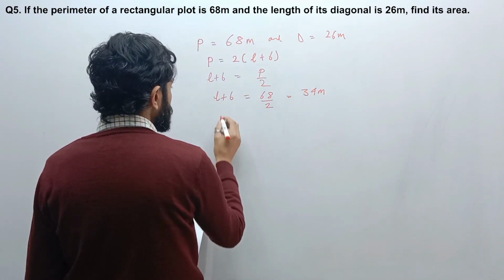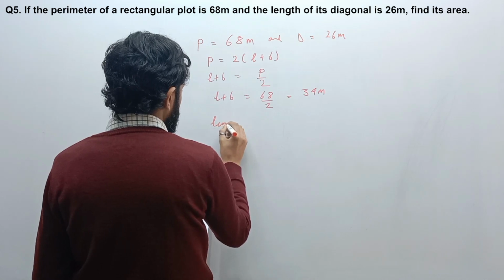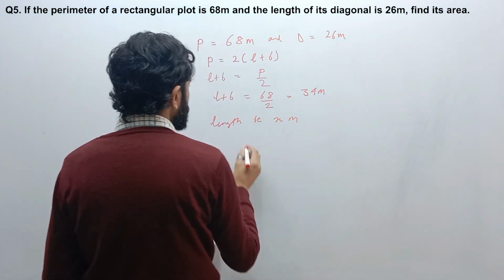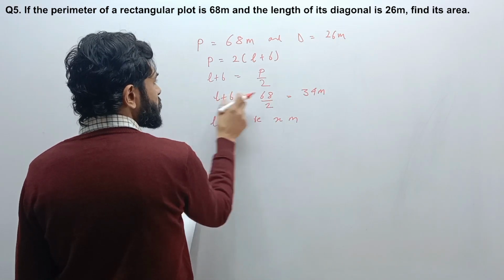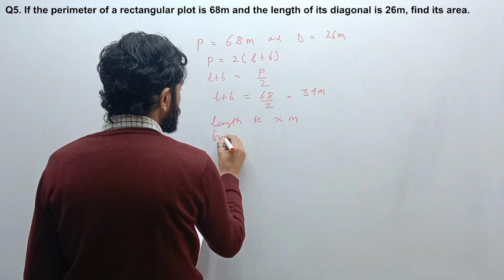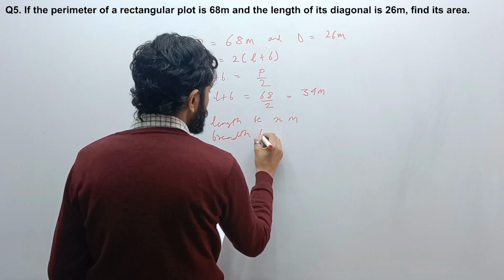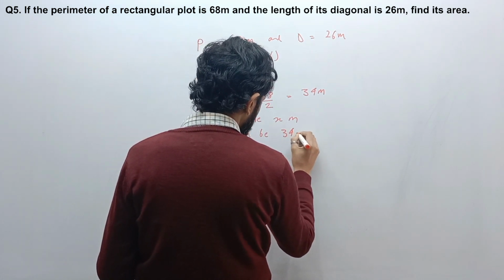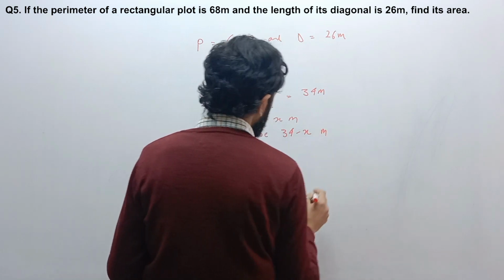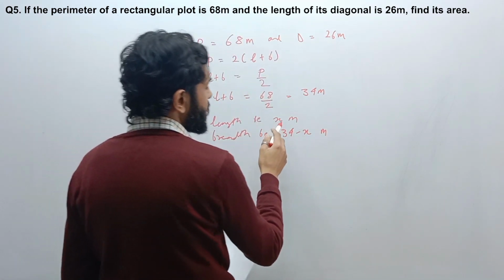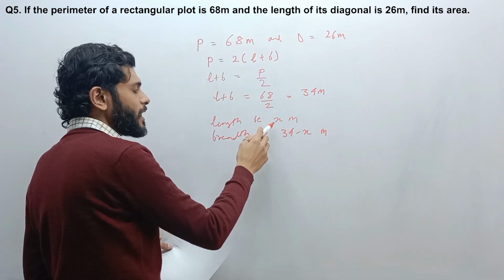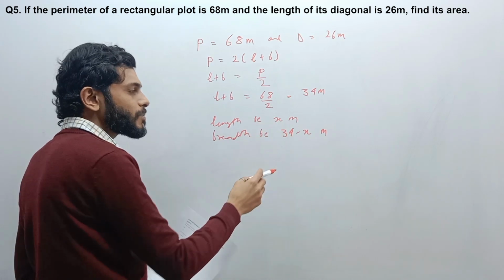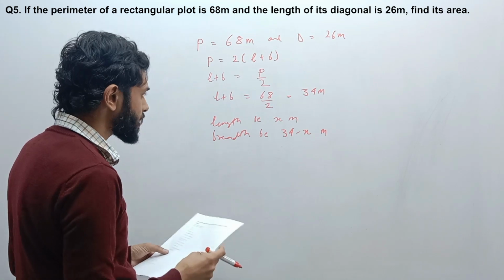Now let us suppose the length be x meter and similarly the length plus breadth is 34 meter, so the breadth would be 34 minus x meter. So again I have not taken x and y, but I only have taken x and everything in terms of x, so that I can easily represent it in the form of a quadratic equation.